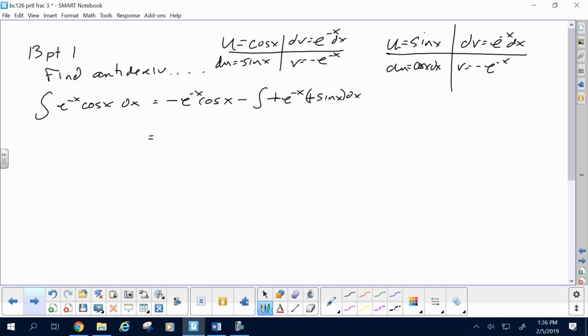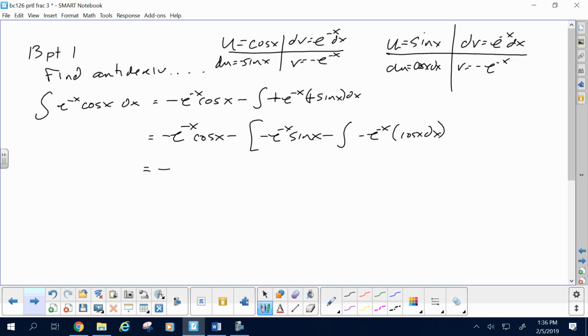Are you down? Negative e to the negative x cosine of x, minus bracket uv is negative e to the negative x sine of x minus v du, negative e to the negative x cosine of x dx.